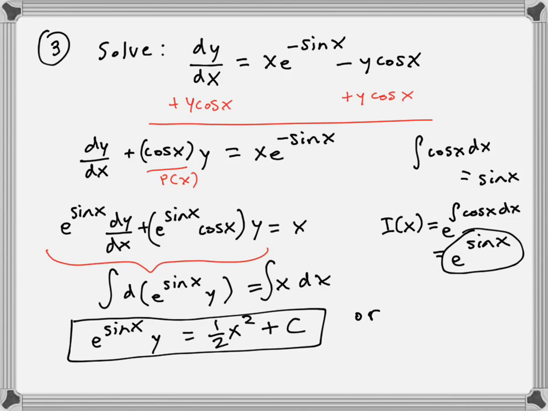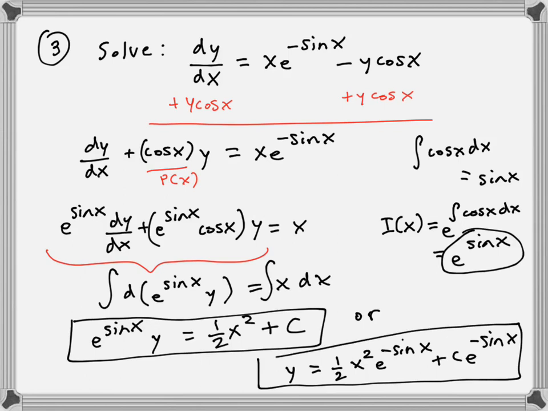If we multiply both sides by e to the negative sine x, we get as follows. y is equal to 1/2 x squared e to the negative sine x plus c e to the negative sine x. This is another way of writing the answer. Both are correct.